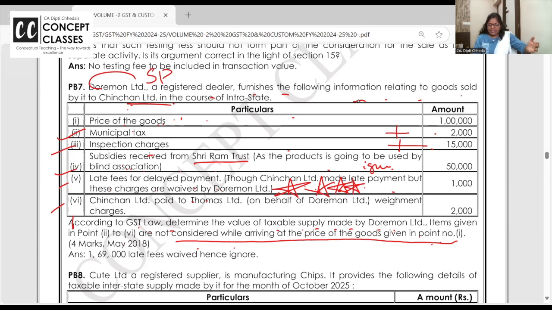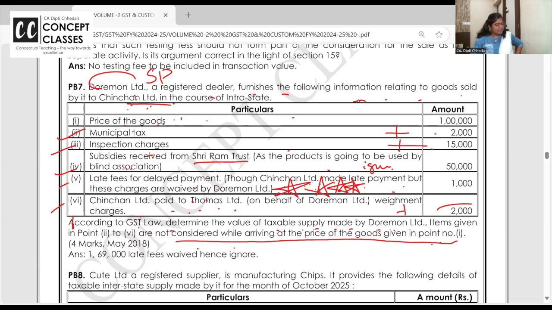But after charging late fees, Doraemon later waived them. The service provider said we are waiving and it's not included. So ignore. Sinchan Limited paid to Thomas Limited, meaning the service recipient paid a third party on behalf of Doraemon 2000.